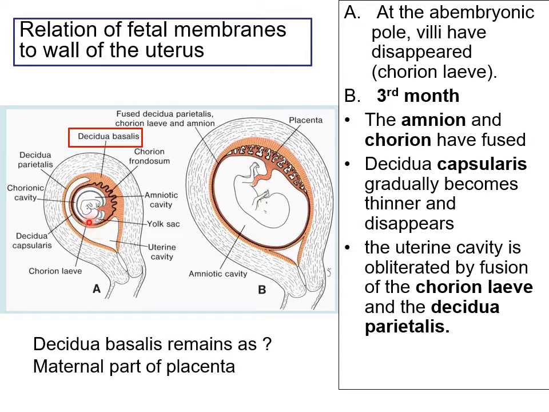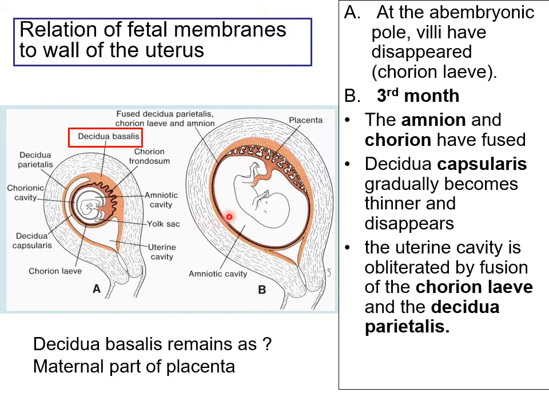So now from this to this, what is the difference? Here you can see the amniotic cavity is enlarged so much and fused with the chorion. Okay, so hope you have understood how all this is happening and where we are. Now this decidua capsularis that is covering here starts becoming so thin that gradually it will disappear.